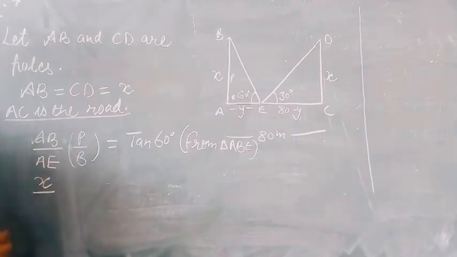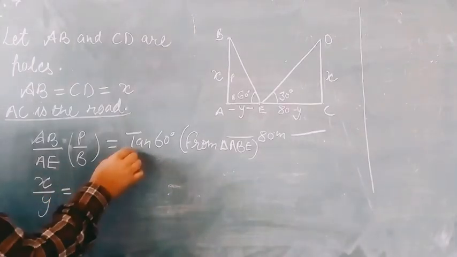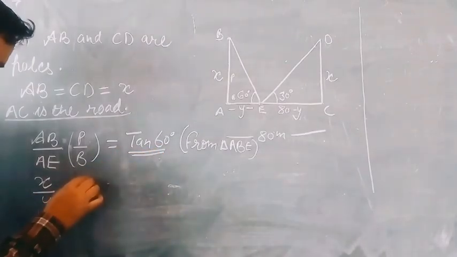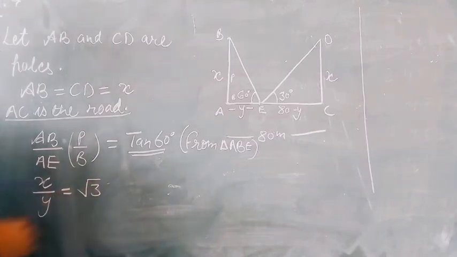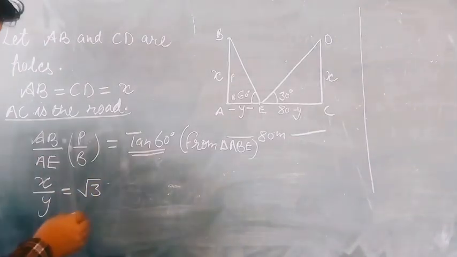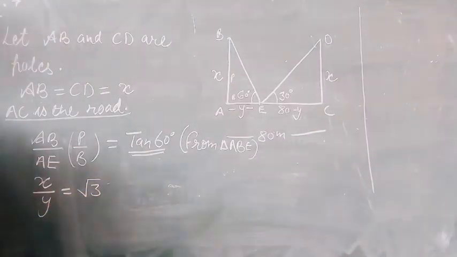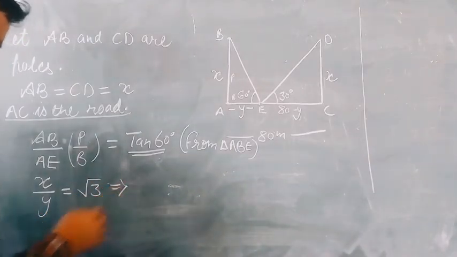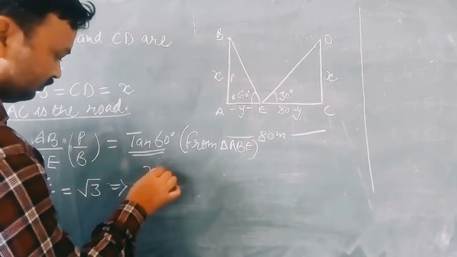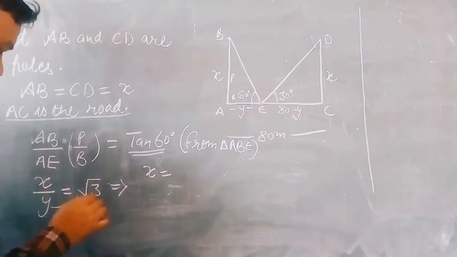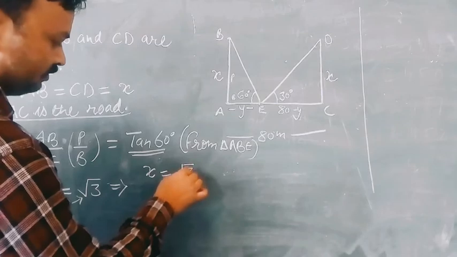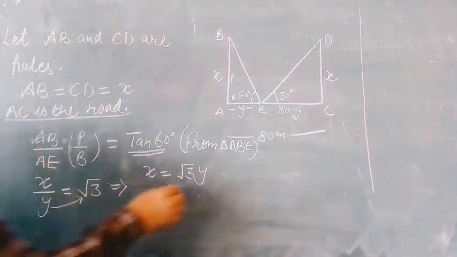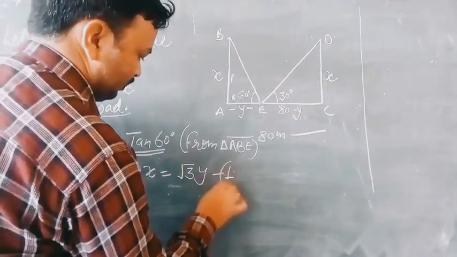We know AB is equal to x and AE is equal to y, and tan 60 is square root of 3. Cross multiply, and we got equation 1. So this implies that x will be equal to, take y to the right side, square root 3 y. This is your equation 1.